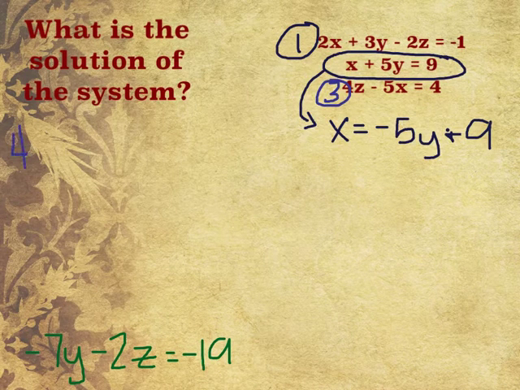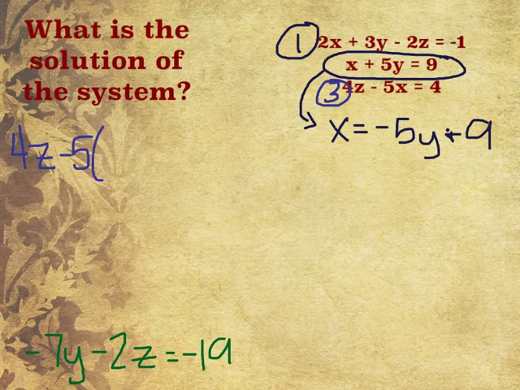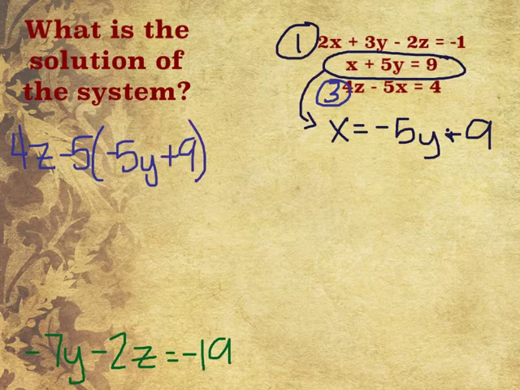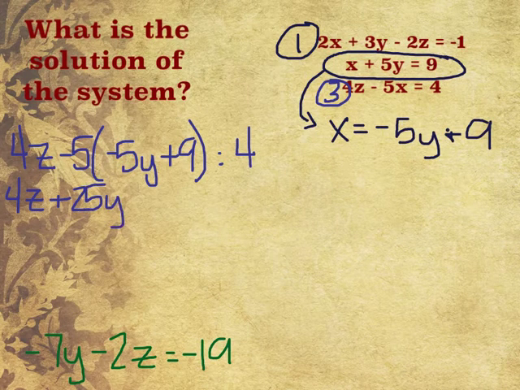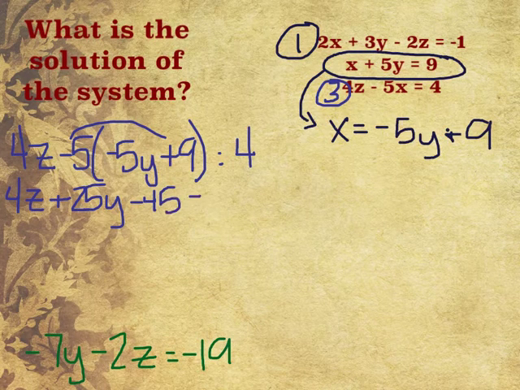So 4z minus 5 times, instead of x, negative 5y plus 9 equals 4. So we'll distribute that negative 5: 4z, negative 5 times negative 5 is positive 25y, negative 5 times 9 is negative 45 equals 4.